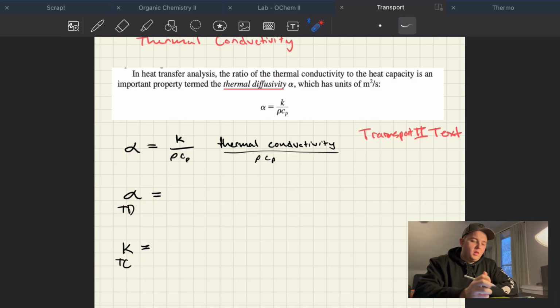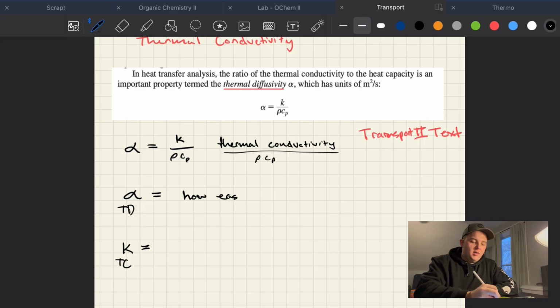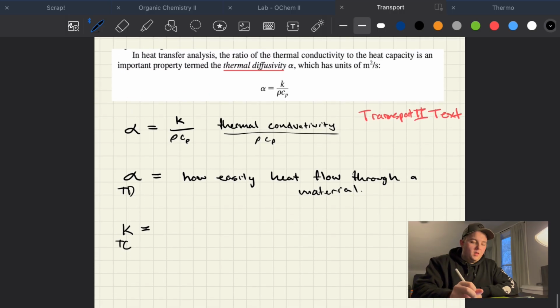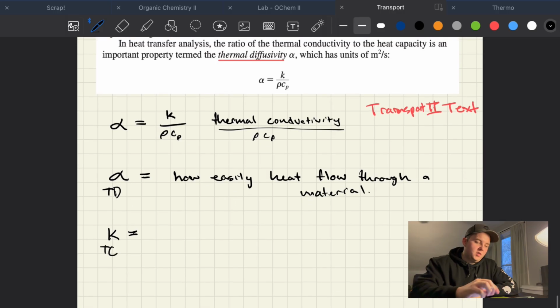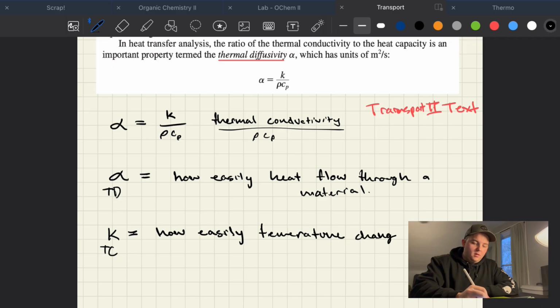In short, this alpha here, our thermal diffusivity, is going to show how easily heat flows through a material, and our thermal conductivity here, which is used in the thermal diffusivity ratio, is how easily, or not heat, how easily temperature changes in a material or situation.